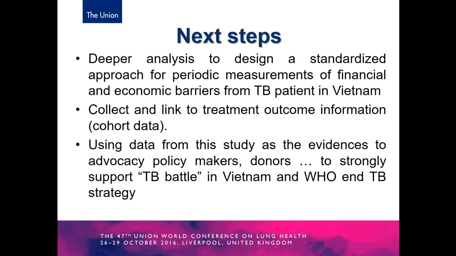So for the next step, we will do deeper analysis to design a standard approach for periodic measurement of financial and economic barriers from TB in Vietnam, and we will collect and link to treatment outcome information, and we will use data from this study as evidence to advocate new policy in TB control, particularly in social support for TB patients. Thank you for your attention.